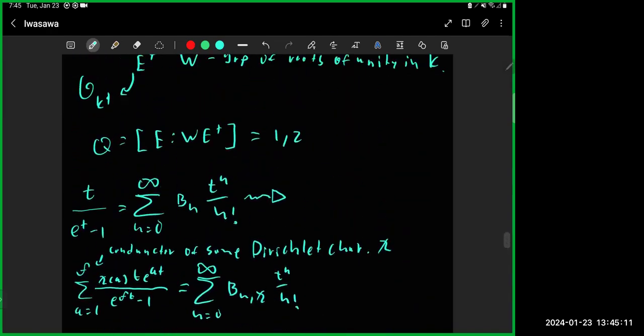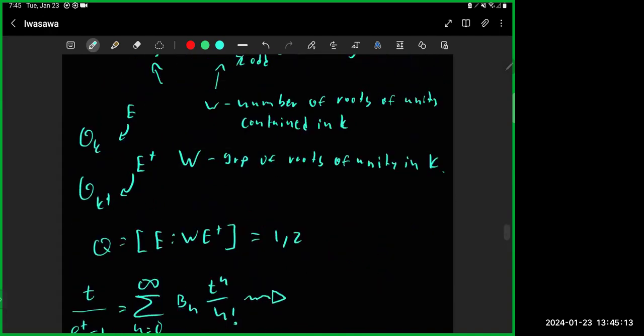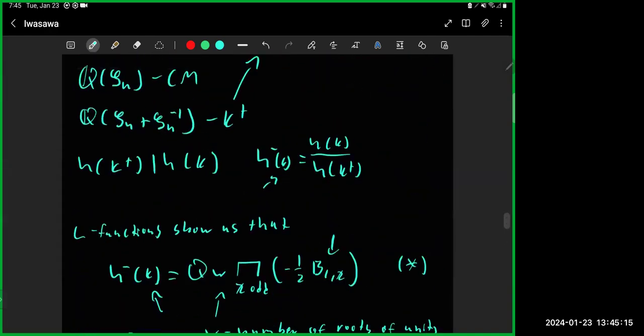Because if the Dirichlet L-function itself tells us the full relative class number, then maybe the p-adic L-functions can tell us the p-divisibility properties of this, since the p-adic numbers essentially give us the p-divisibility properties of any integer we want.